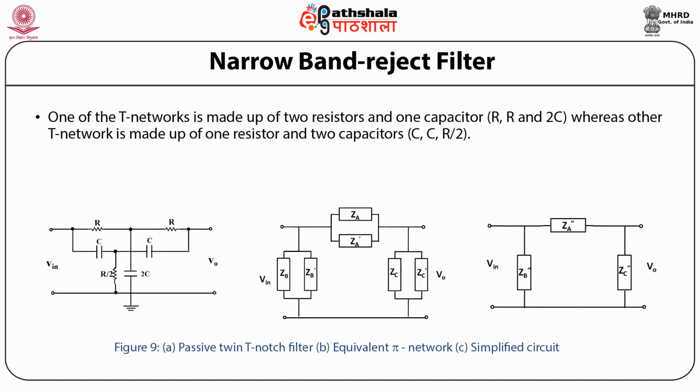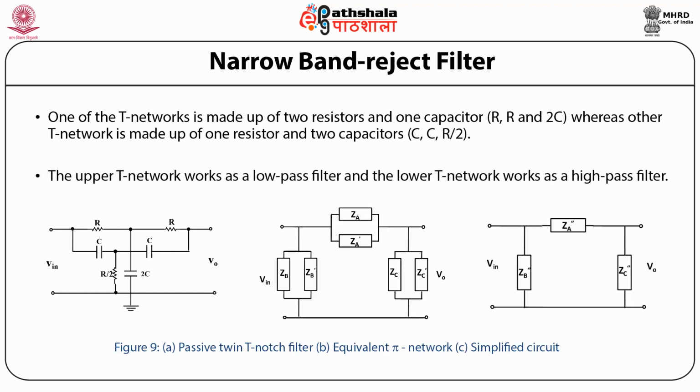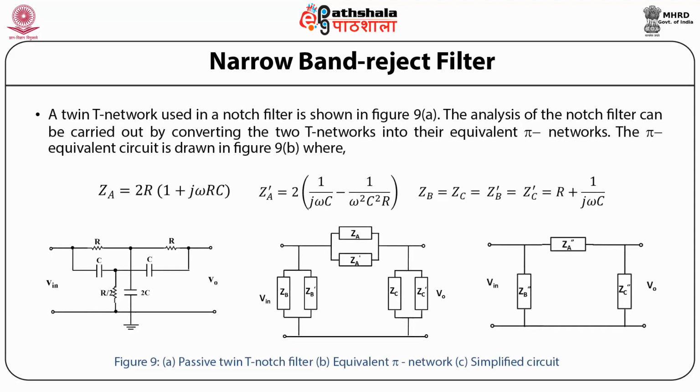One of the T networks is made up of two resistors and one capacitor, that is R, R and 2C, whereas the other T network is made up of one resistor and two capacitors, that is C, C and R by 2. The upper T network works as a low pass filter and the lower T network works as a high pass filter. A twin T network, as explained, used in a notch filter is shown in the figure.